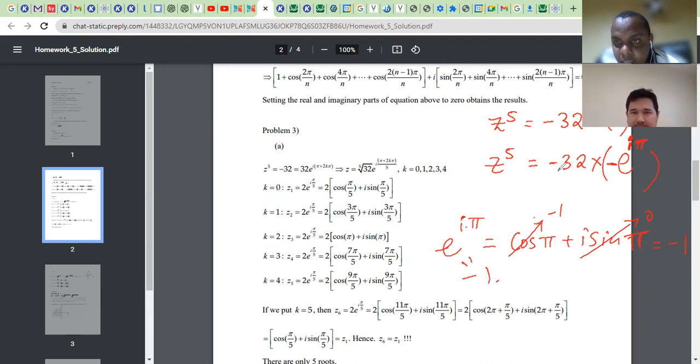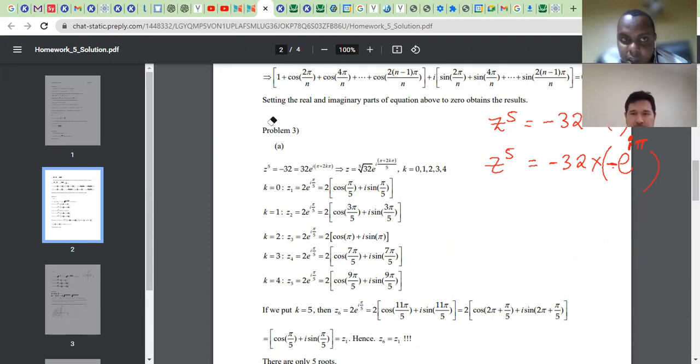Yes. Negative times negative is positive. So this is z^5 equals 32 e^(i pi). But why are they using e^(i pi)? Why is it not theta?